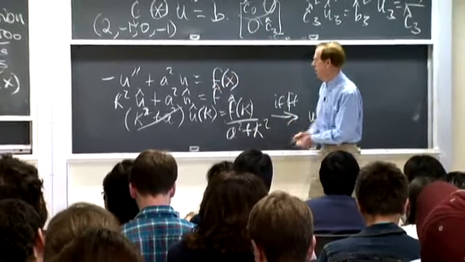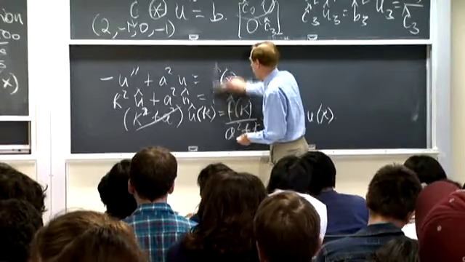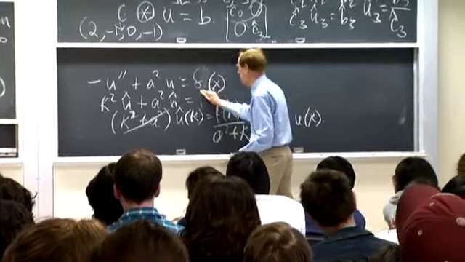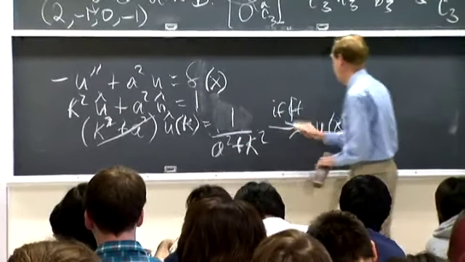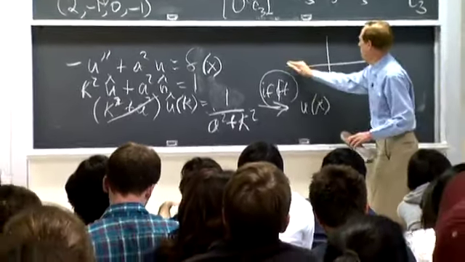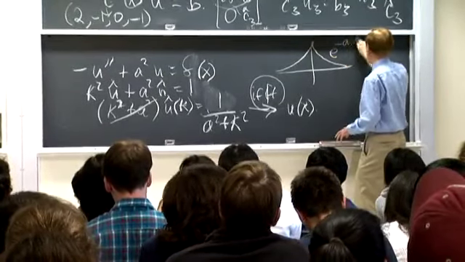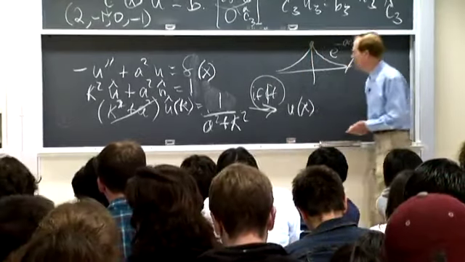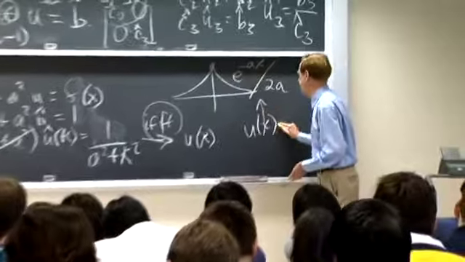We took the Fourier transform. And I emphasized, just to remember Wednesday, this was a delta function. When I took the Fourier transform, I got a 1. So this was a 1 over this. And I did the inverse transform, and I got back to the function that I drew, which was e to the minus a|x| over 2a, and even. So this was the answer u of x.